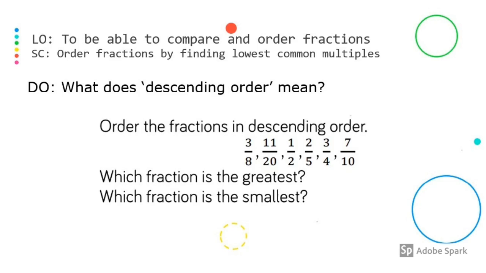You will need to use lowest common multiple to work this out. Now I'm going to give you a hint to save you some time. The denominators all have a lowest common multiple of 40. So what do you need to multiply both parts of each fraction by so that the denominator is 40? Once you've worked this out, you can then order all of the fractions.